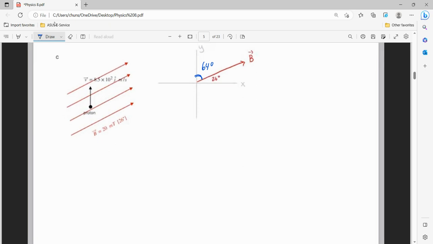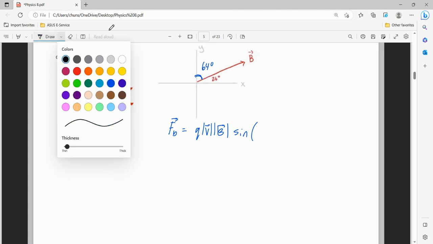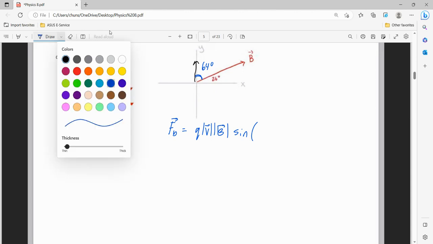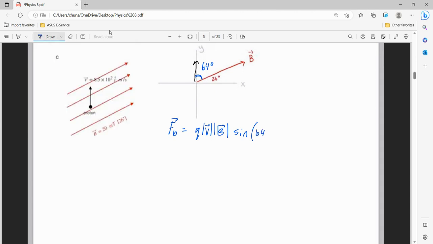Okay, so we can use our same equation, where the angle between our magnetic field and our velocity is 64 degrees. We can plug these values in.